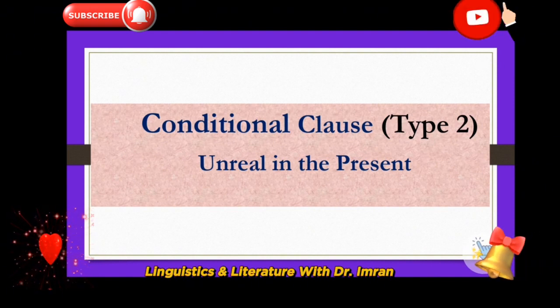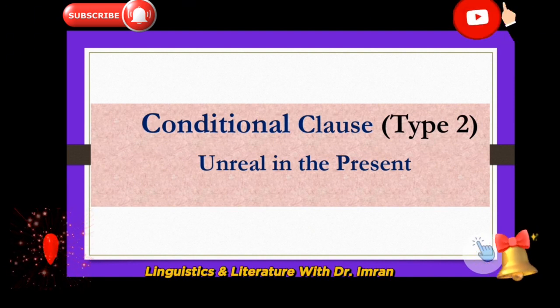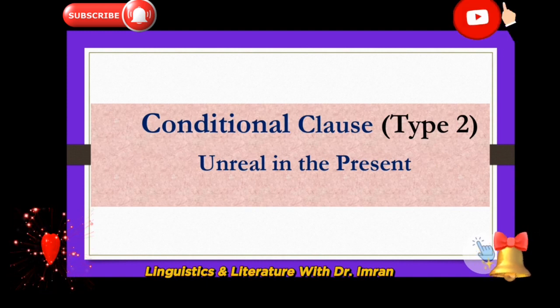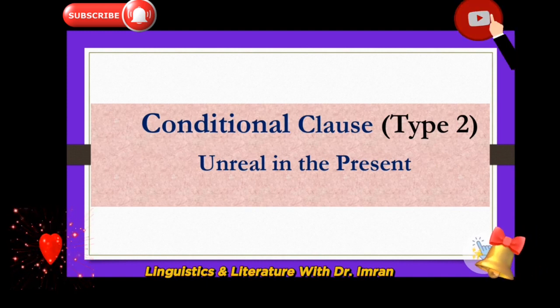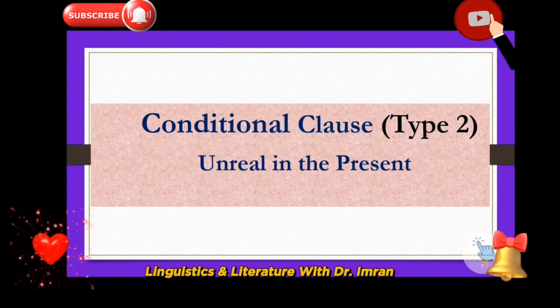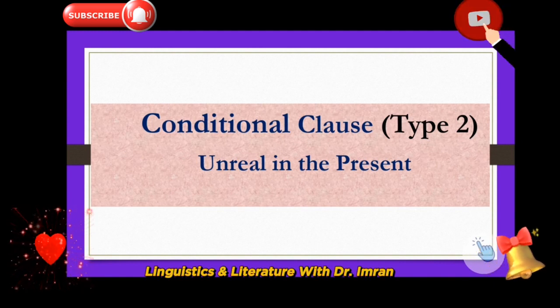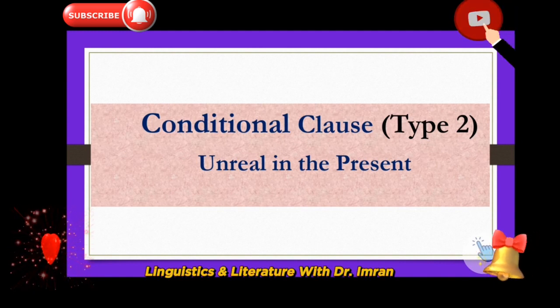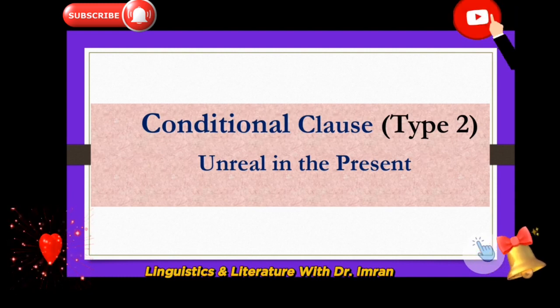So this lecture is actually the extension of the previous lecture, or you can call it part 2 of the previous lecture. So here we will discuss in detail conditional clause type 2, which is also called unreal conditional clause. So let's start.